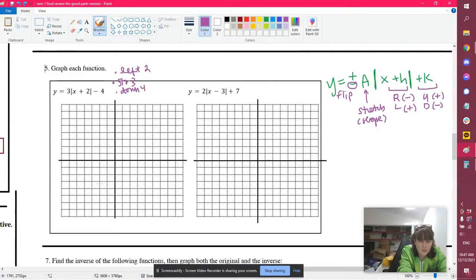I'm going to move left by 2 and down 4 and put a point. That's my vertex. Now I care about the stretch and the flip. There is no flip, so I'm going to move up. The stretch is now 3, so I'm going to move over 1 and up 3 on both sides. I'm going to do it one more time so I actually have some points to connect. And then I'm going to draw my V.